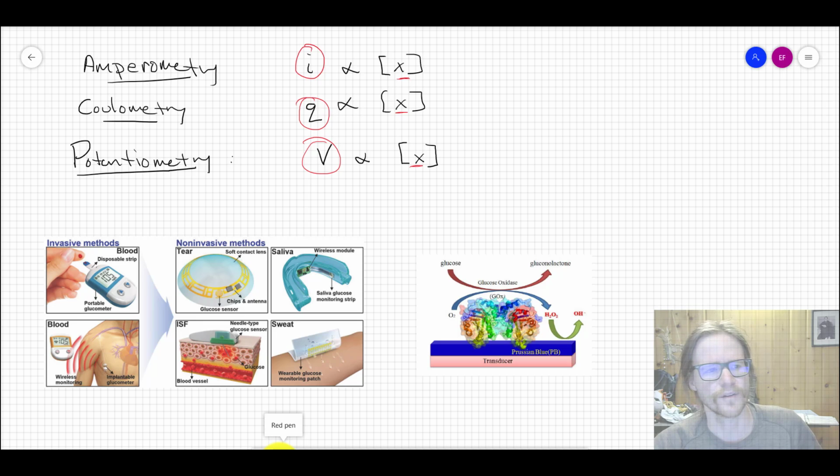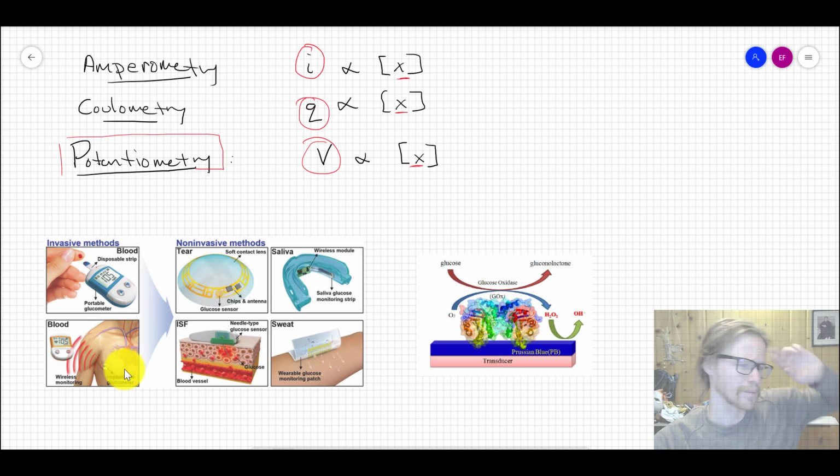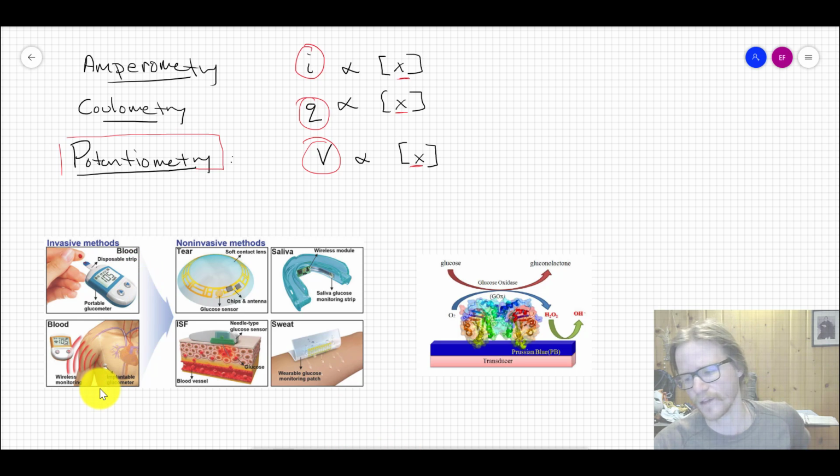This chapter is focused just on potentiometry because it's a massive field in and of itself, and it's non-invasive, and it's a simple method to measure lots of different things, simply based on the Nernst equation. So you saw at the end of the last video a potentiometric method to measure Kf of an EDTA complexation with mercury.